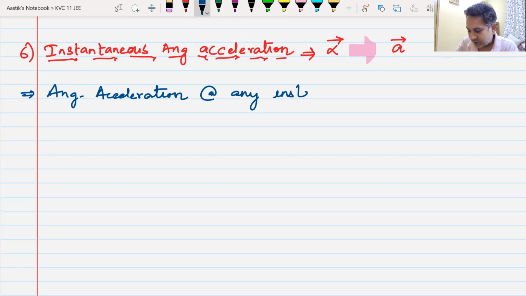If you are moving in a circular path or in rotational motion, and someone asks you, hey, what is your angular acceleration, which acceleration are you going to tell? You're going to tell them your instantaneous angular acceleration. Do we understand this? Now, as soon as you understand that this is instantaneous angular acceleration, you can also understand how we are going to write this.